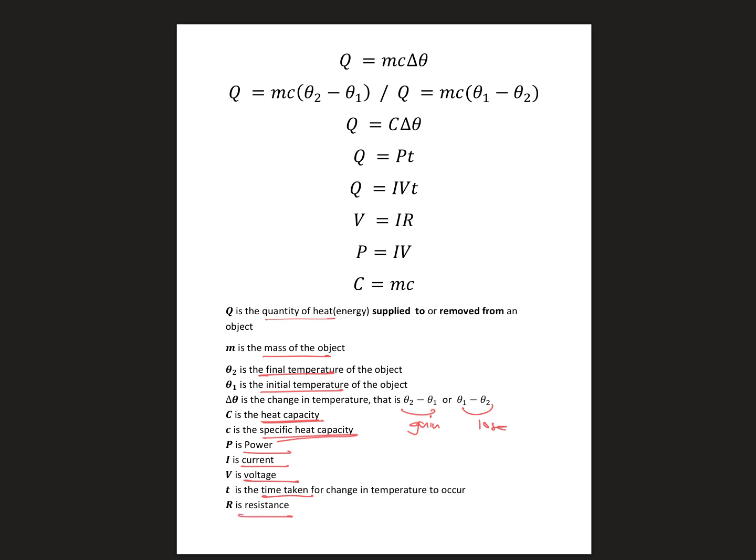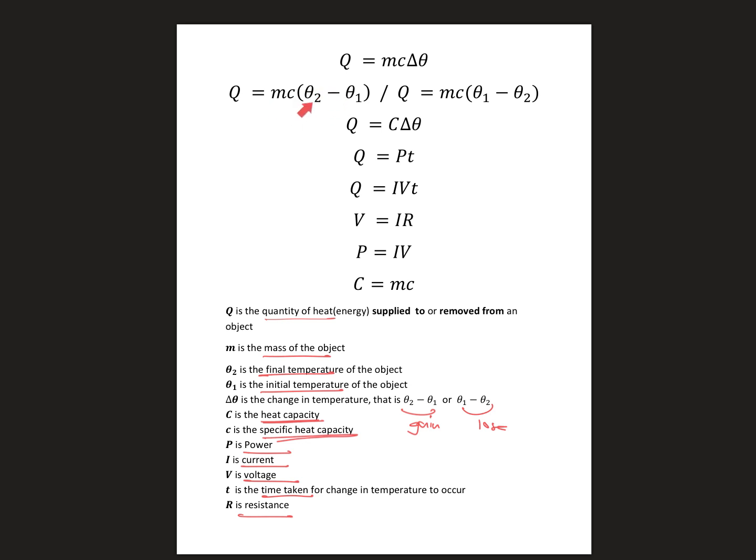All right? So what is important to note is that the quantity of heat Q is equal to the mass of the object times the specific heat capacity times the change in temperature. So that change in temperature delta theta can be theta 2 minus theta 1 if the object is gaining heat.